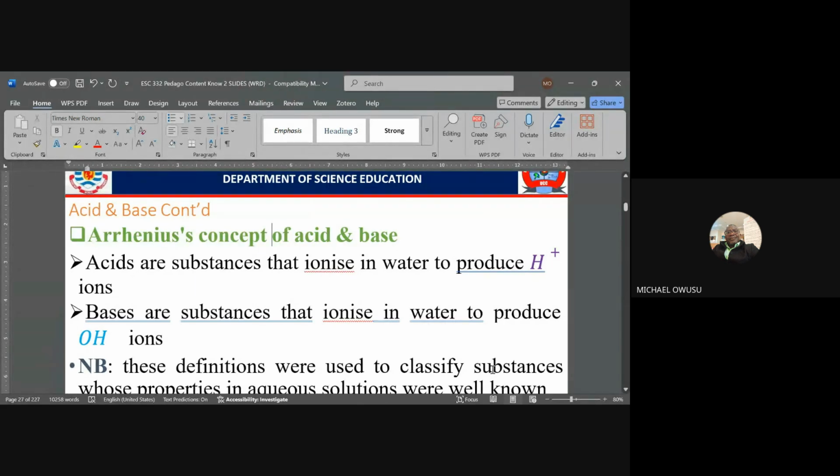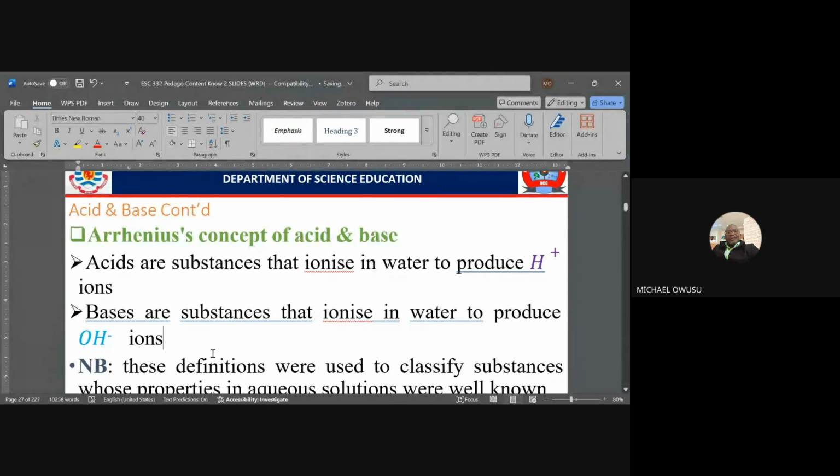And if a substance is able to ionize in water to produce hydroxide ions, then according to Arrhenius that substance is considered a base. So when water ionizes, you can also have OH minus being formed. So according to Arrhenius, water can act as both an acid and a base.